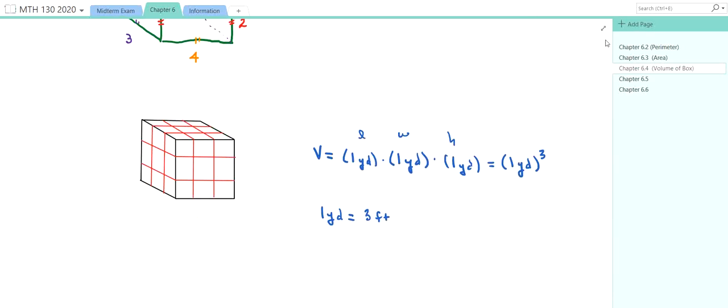So I've gone and redrawn this. And again, this is 1 yard. This is 1 yard. And this distance here is 1 yard. So each of these individual boxes is 1 foot.